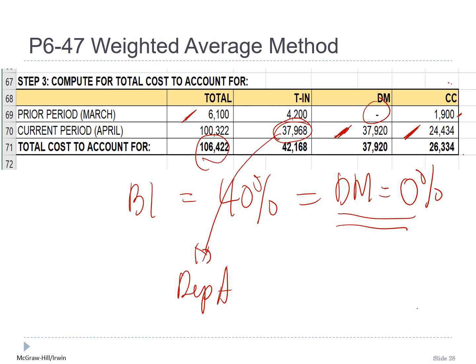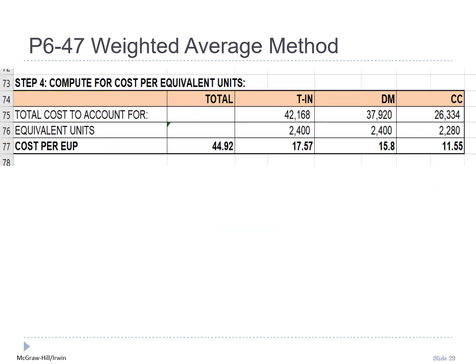So meaning, if we compute for the cost per EUP for transfer in, that's 42,168. I-divide natin dun sa EUP, computed dun sa step 2. 37,920 divided by dun sa EUP, computed sa step 2, and also 26,334 divided by dun sa EUP, computed sa step 2 also. So, tingnan natin sa next slide.